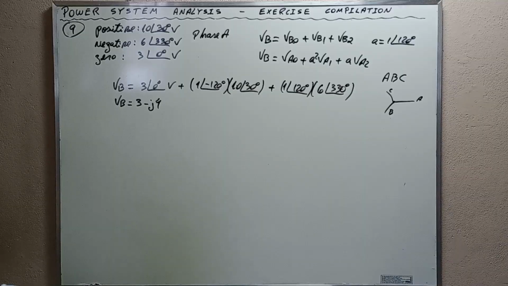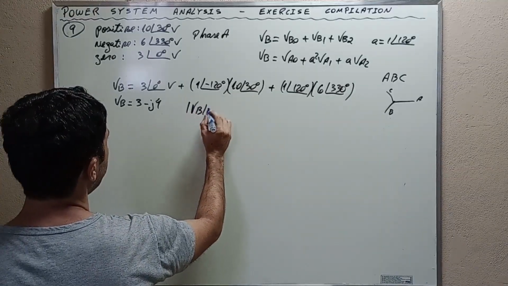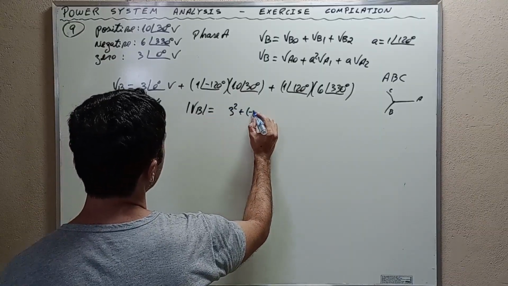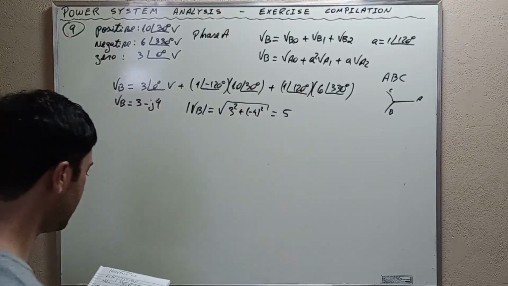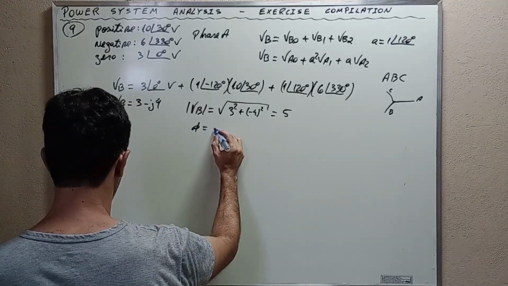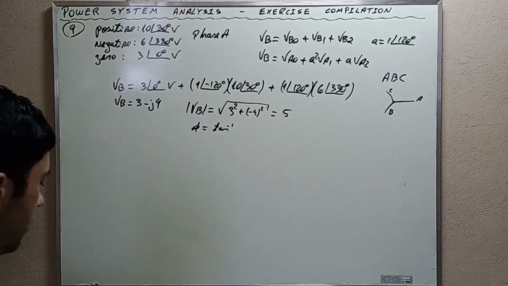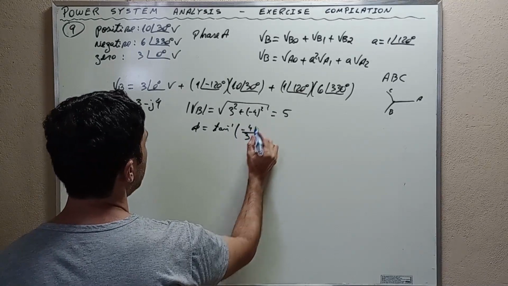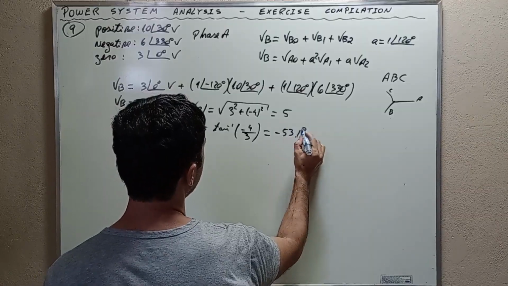In this way, the magnitude of VB is equal to the square root of 3 squared plus negative 4 squared, which is equal to 5, and the angle is the inverse tangent of negative 4 divided by 3, and this is equal to negative 53.1 degrees.